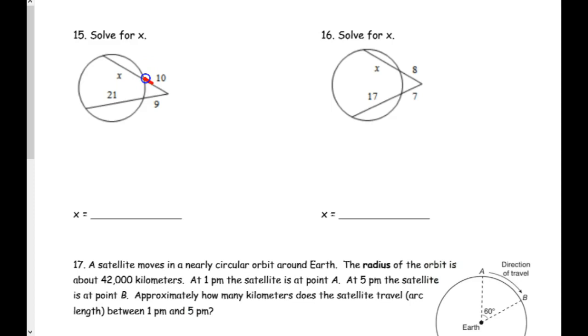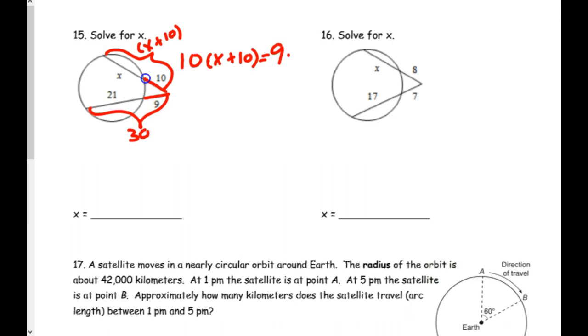So what's on the outside here? 10, times what's the whole thing? x plus 10. Equals, what's on the outside? 9 times, it's not 21. What's the whole thing? 21 plus 9 is 30. 9 times 30. You've got to think of the whole thing.